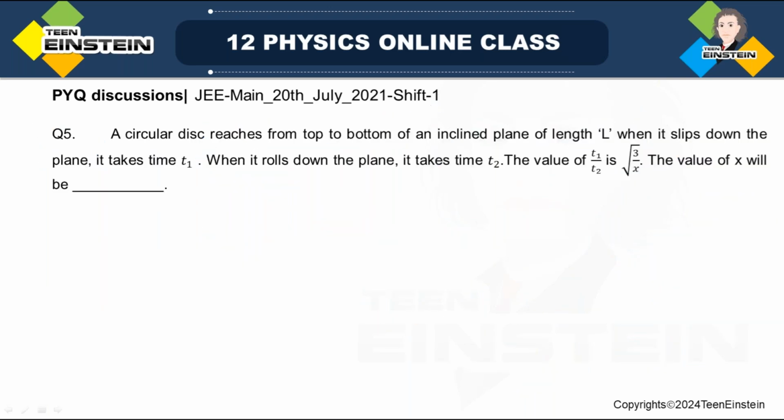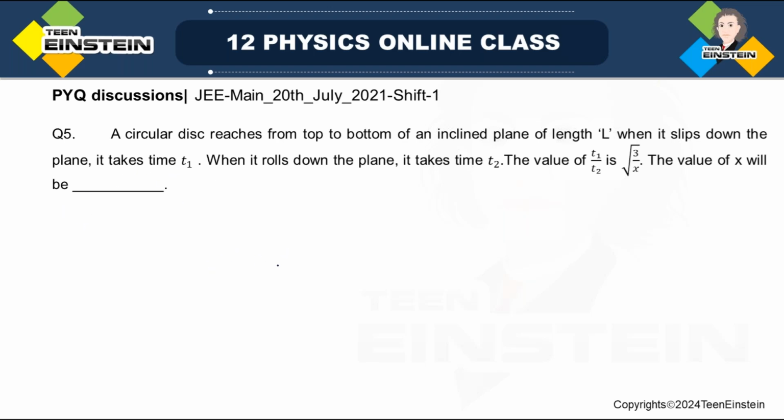Now let us go to the next problem. So this problem says a circular disc reaches from top to bottom of an inclined plane of length capital L. When it slips down the plane, it takes time t1.